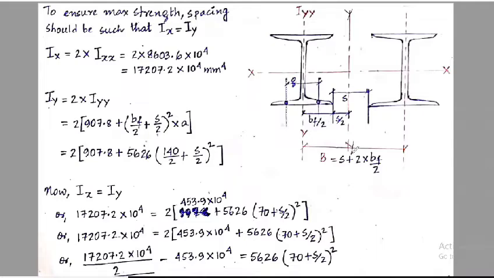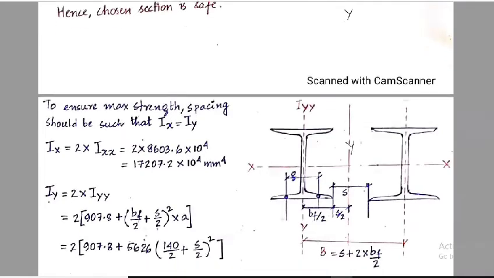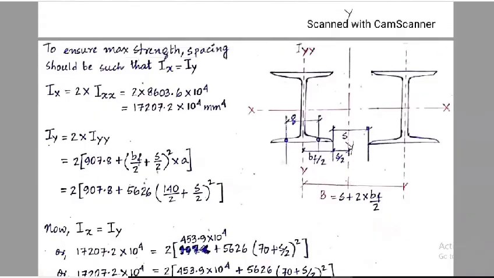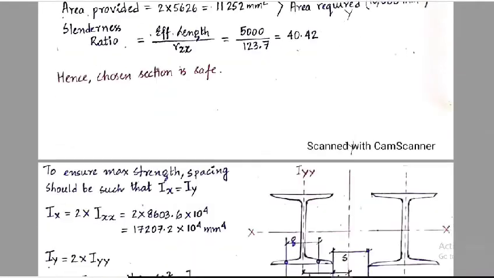Now, what do we have? We have the moment of inertia values for only one beam about the x-x axis and about the y-y axis. Ixx is equal to 8603.6 into 10 to the power 4, and Iyy is equal to 453.9 into 10 to the power 4 millimeter to the power 4. Clear?